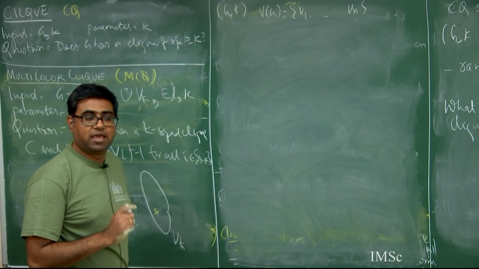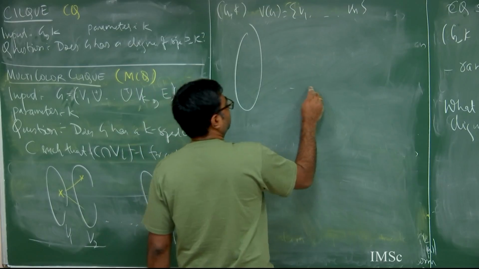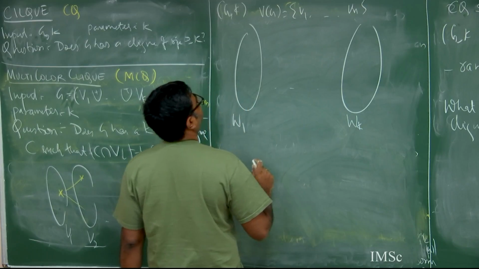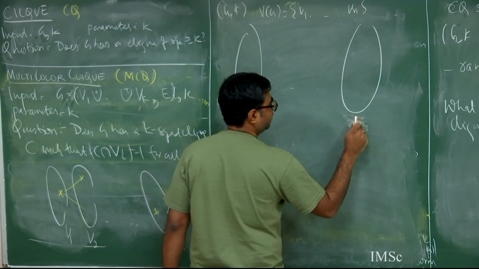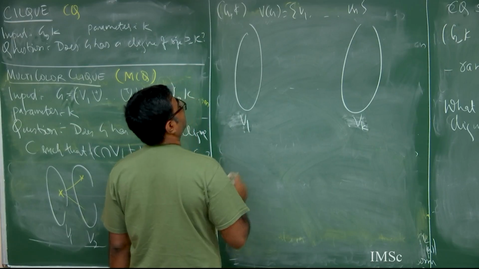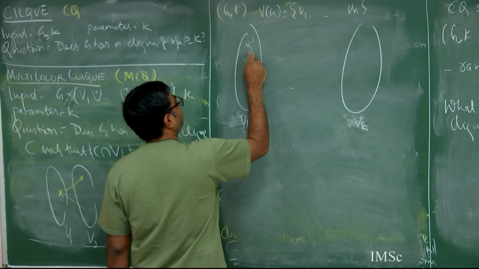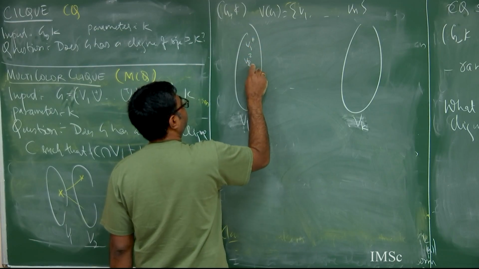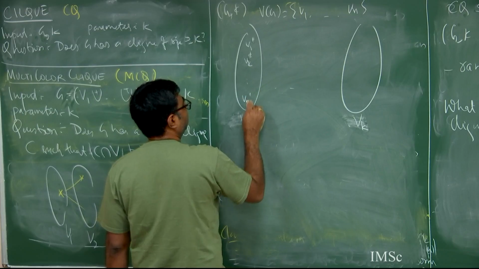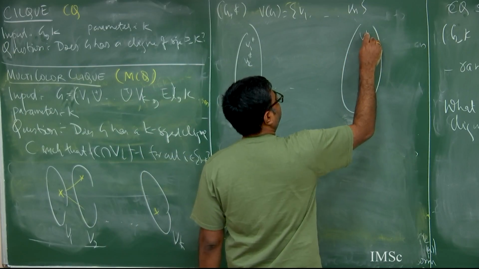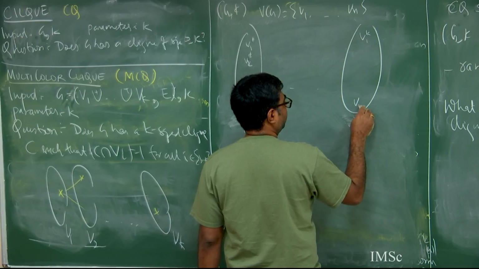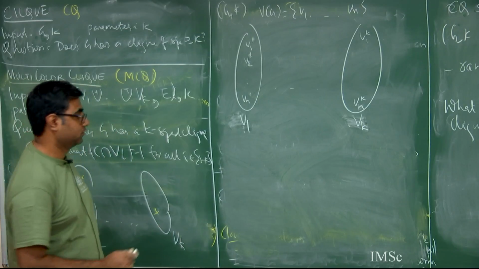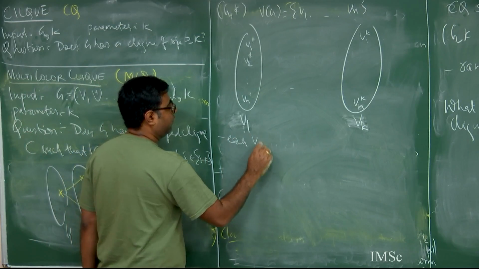I make K copies, let's call them V1 to VK. Here I have V11, V21, Vn1, and here we will have V1k, V2k, and Vnk. And each Vi is an independent set. What is this? Each Vi is an independent set.